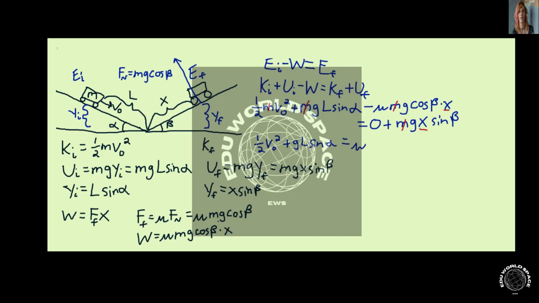So that's mu times g times the cosine of beta times x plus gx times the sine of beta.